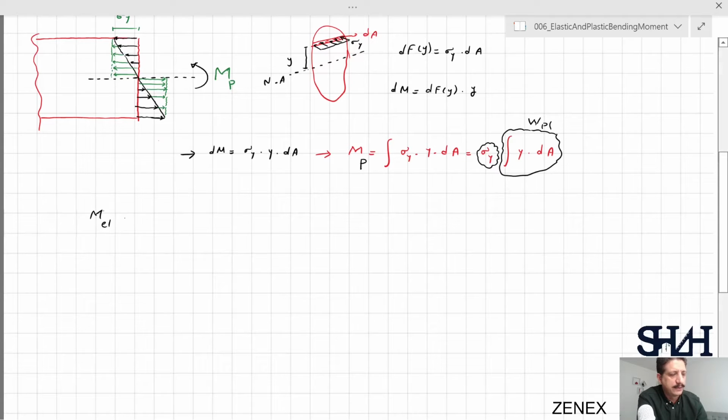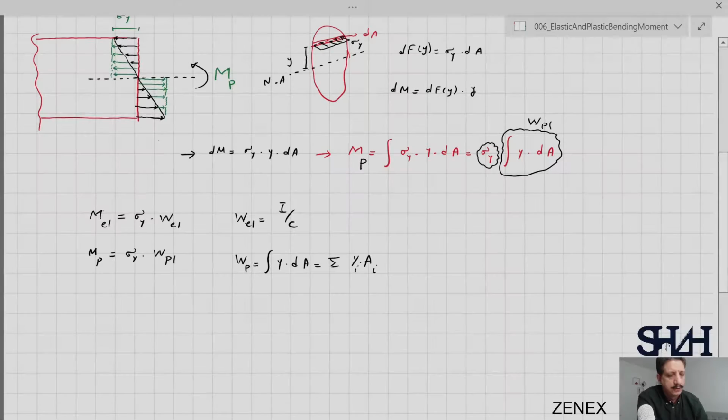As a summary, M elastic is sigma y times W elastic, and M plastic is sigma y times W plastic. W elastic is always moment of inertia divided by C, and W plastic is the integration of y dA. And if you have a certain cross section, you can write it down as sigma y times A.